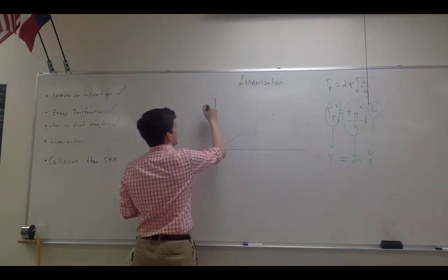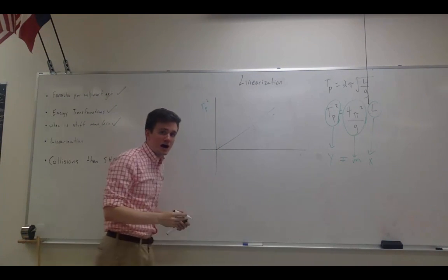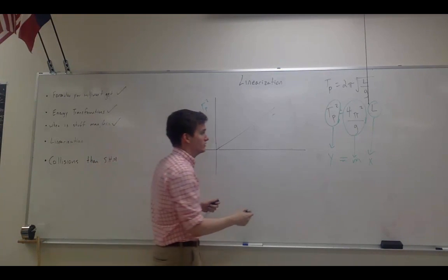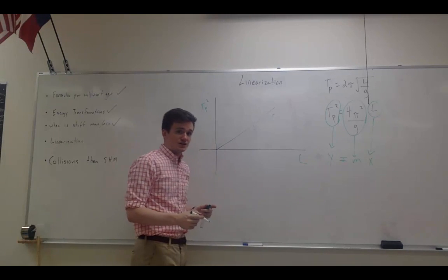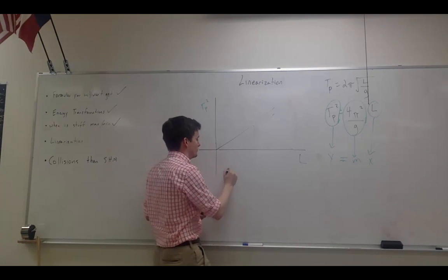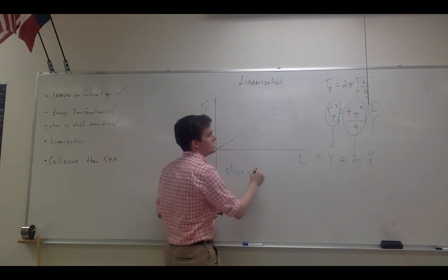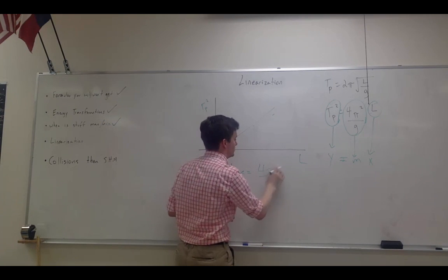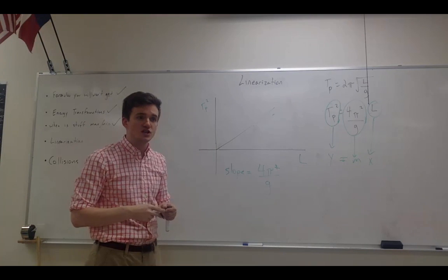So for this graph, we would do T_P squared on our y-axis. Of course, we would need a column in our data table where we found T_P squared. We would have L as our x-axis, and then the slope would be 4 pi, that's supposed to be a 2, squared over g.